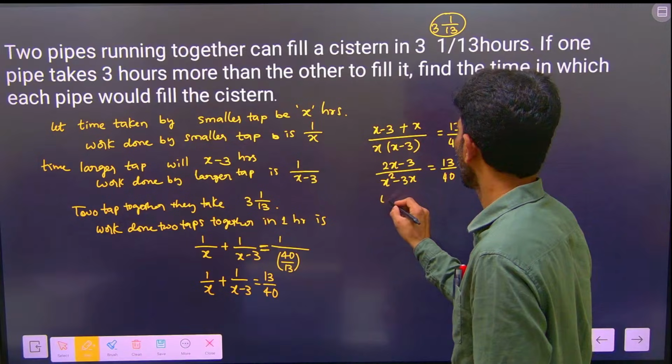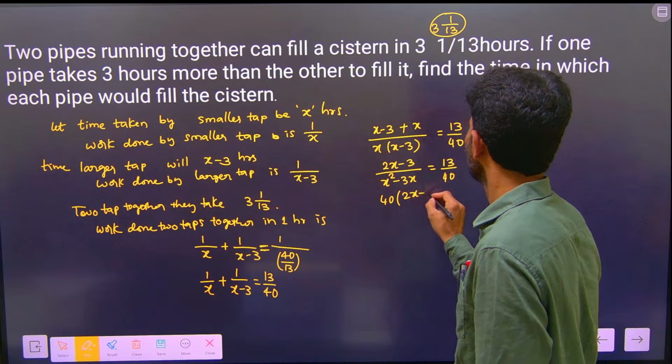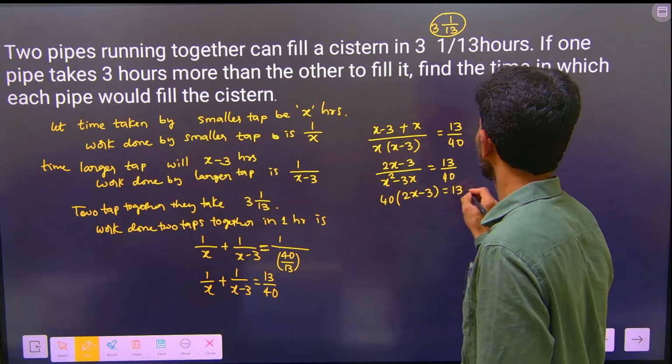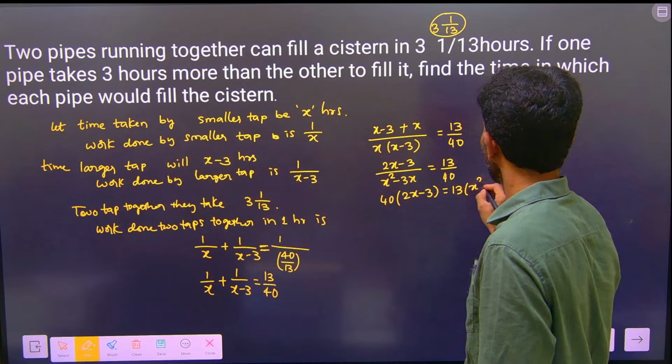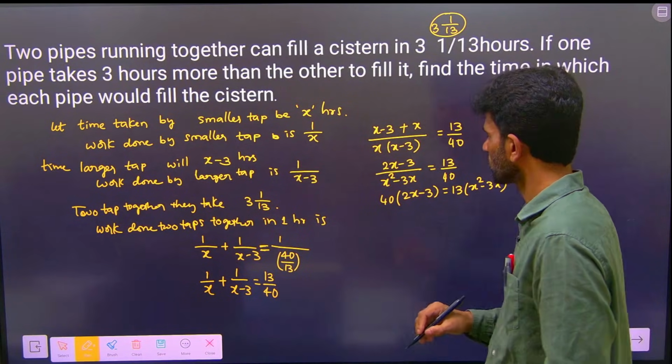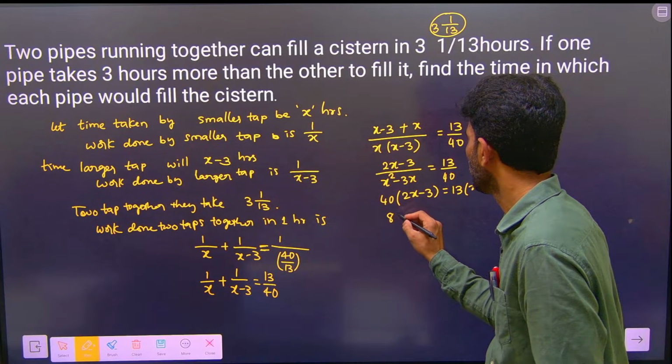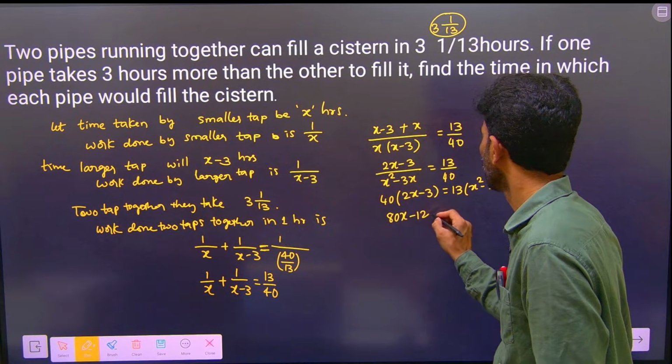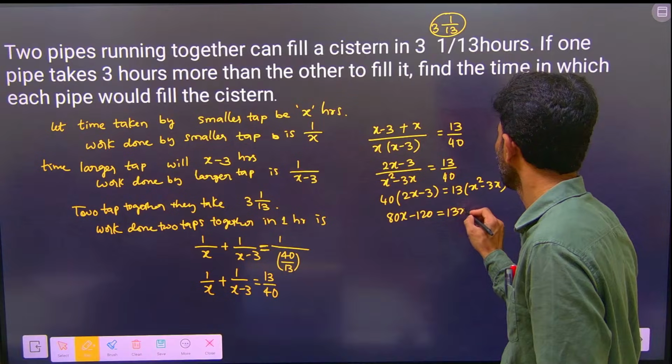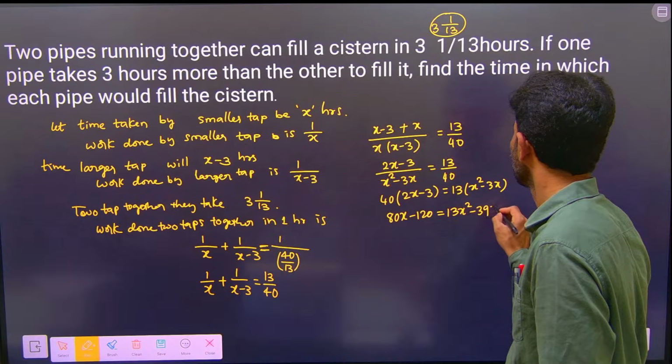So cross multiplication, 40 into 2x minus 3 is equal to 13 into x square minus 3x. So we can multiply now. 80x minus 120 is equal to 13x square minus 39x.